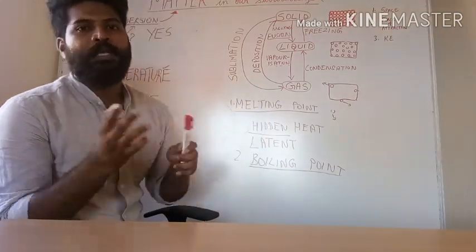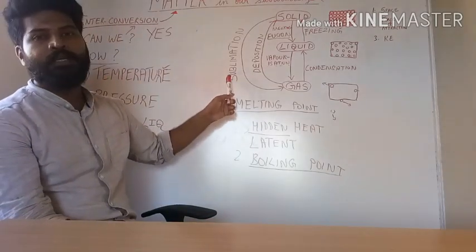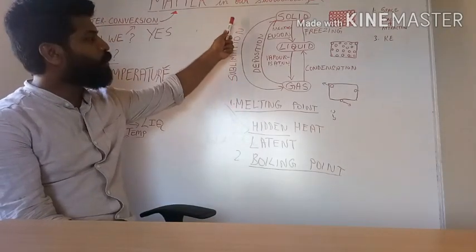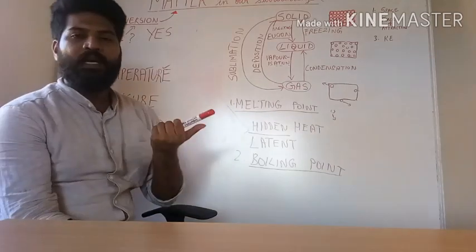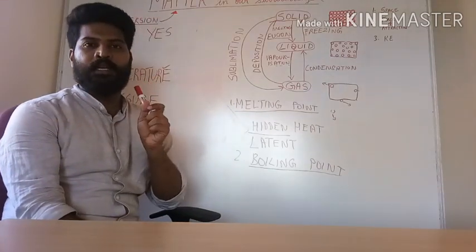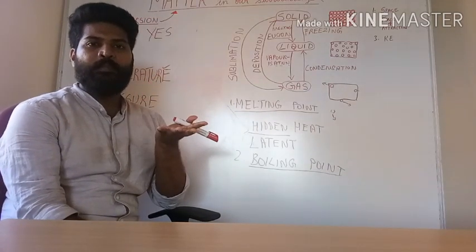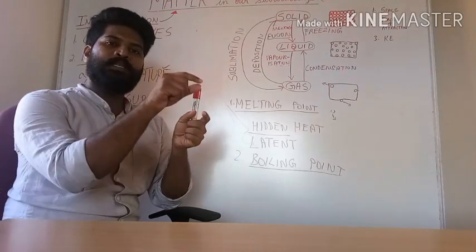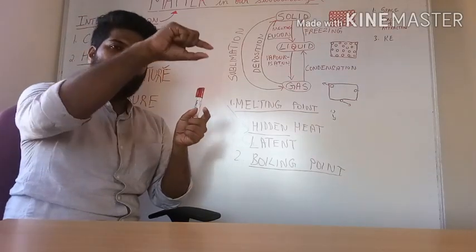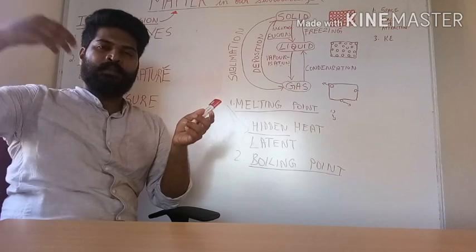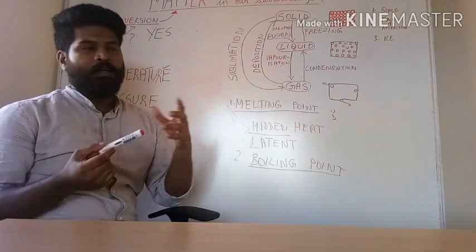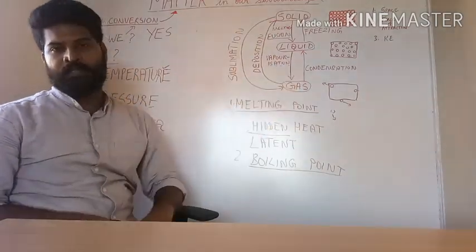Why? Because naphthalene undergoes sublimation directly from solid to gas. Even our incense stick, agarbatti, is also an example for sublimation. We burn the incense stick, and directly from solid we get gas, the nice perfumed gas. Conversion of solid into gas.